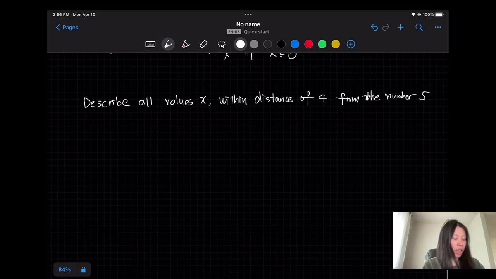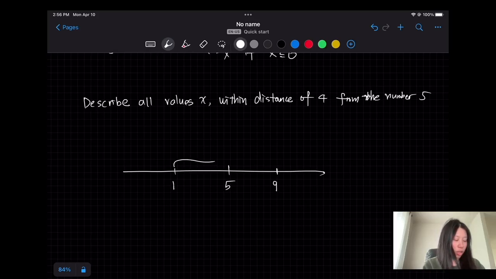So on the number line, this is the number 5, here is 9, and here is 1. These numbers are all x, because within this range, the distance from x to 5 is within the distance of 4.